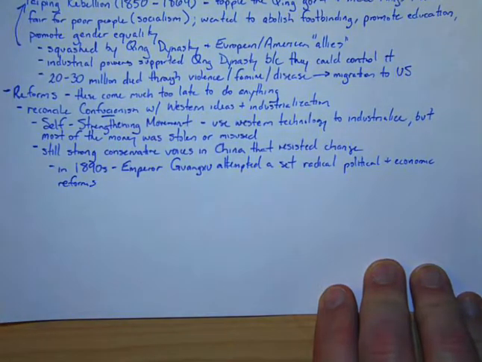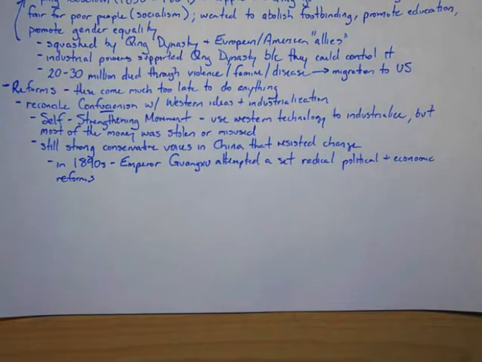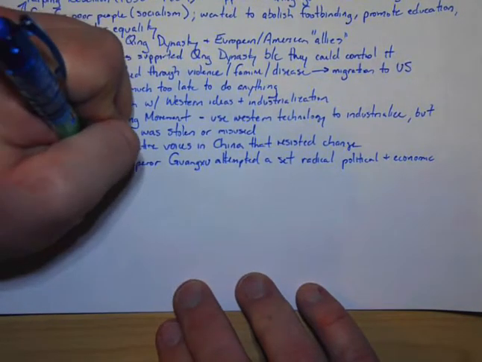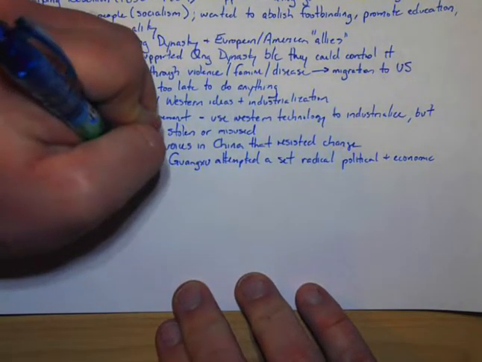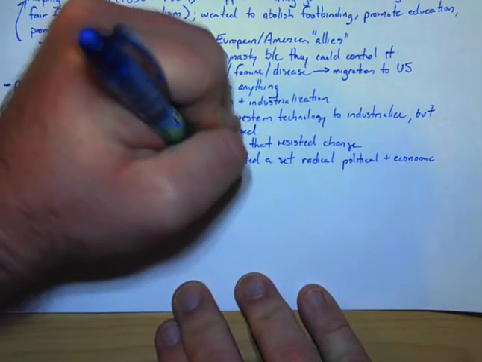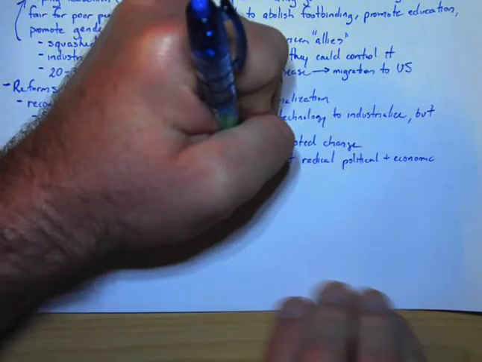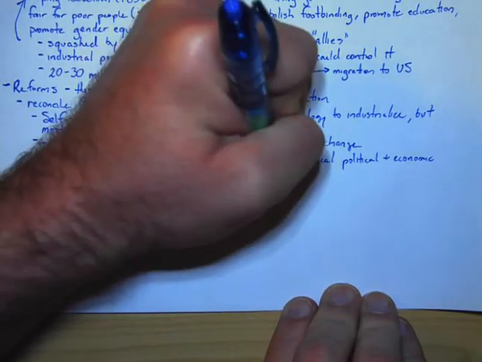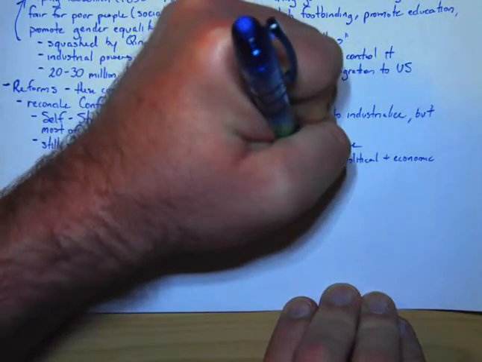The same kinds of reforms that we've been seeing in the Ottoman Empire and the Russian Empire. The problem was he was opposed by the wife of the former emperor.